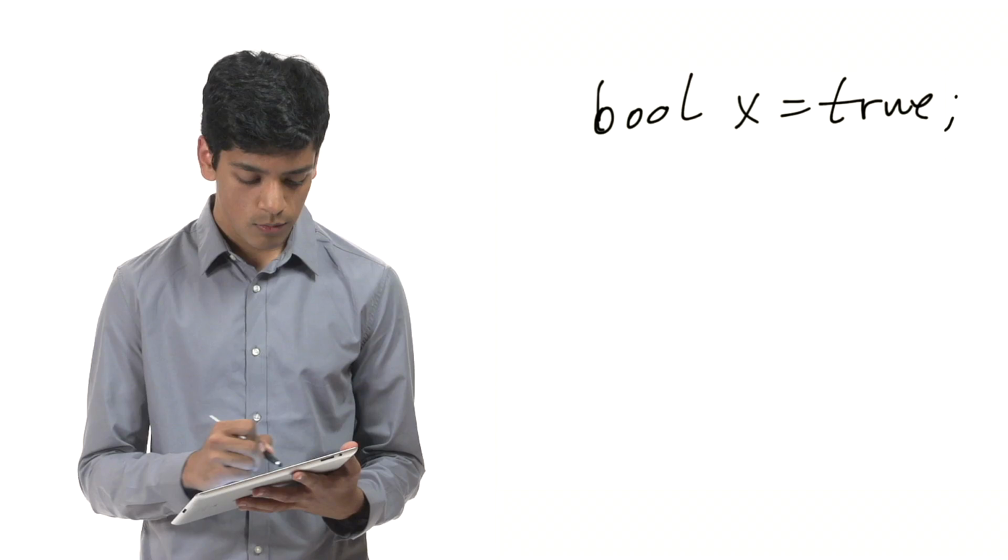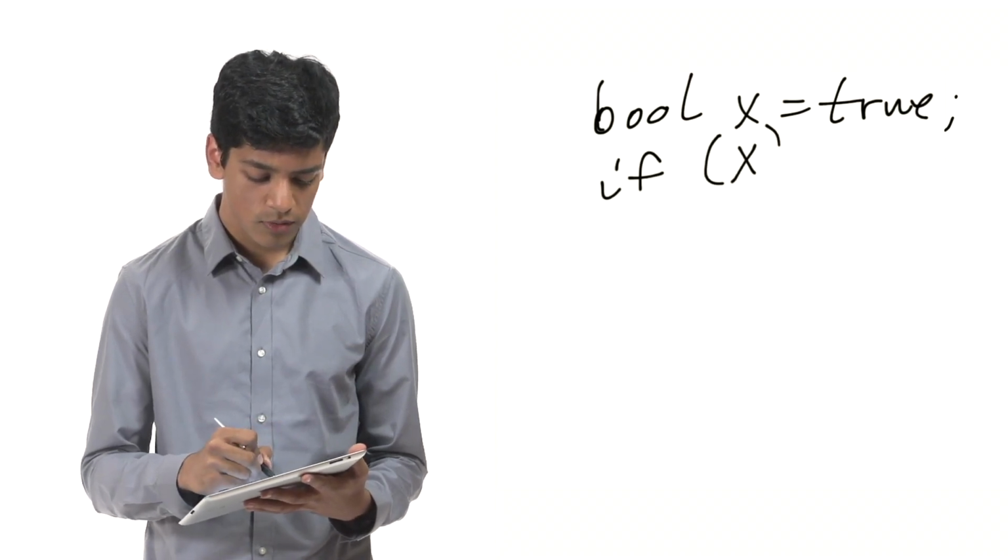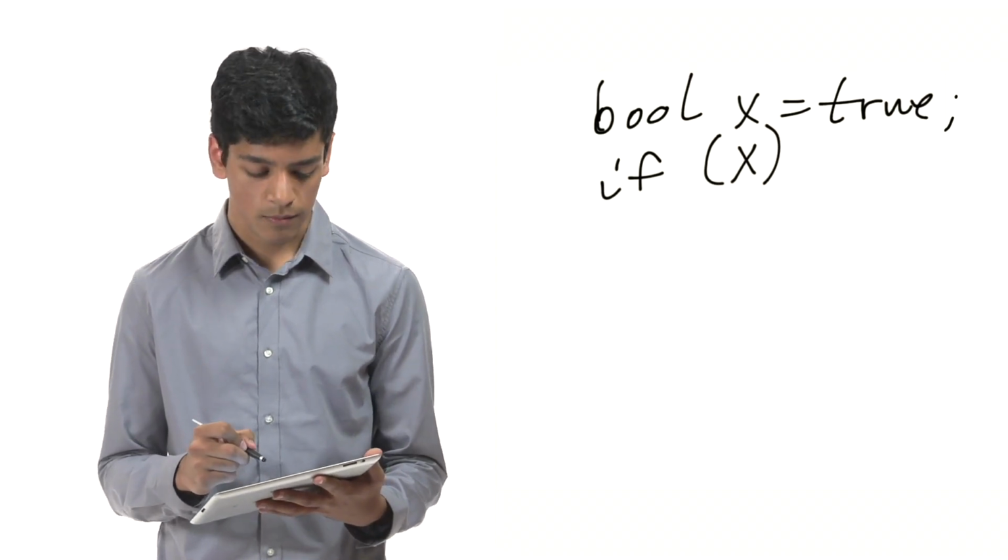Now that we've translated our Boolean expression into code, how do we actually use it? Let's say we have some code that should only execute if a certain expression is true. For this purpose, pretty much all programming languages support the if condition. Let's say we have a Boolean variable x, and we want some code to execute only if x is true. We would simply write the word if, put parentheses, and put the Boolean expression within those parentheses.